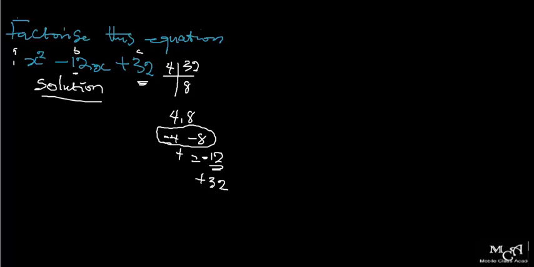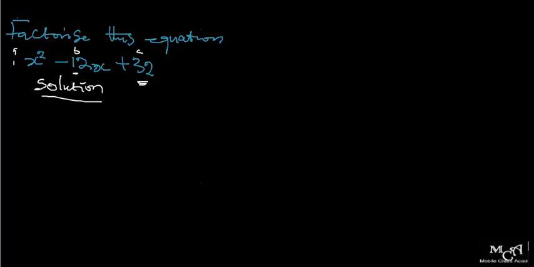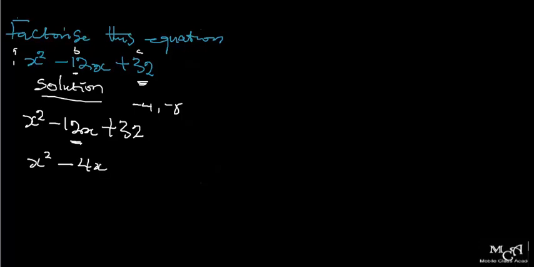Now, let's clear the board. We have our equation x squared minus 12x plus 32. You know, we have replacement for that, which is minus 4 and minus 8. So we are going to replace minus 12x with minus 4x and minus 8x. So we have x squared minus 4x minus 8x and plus 32.